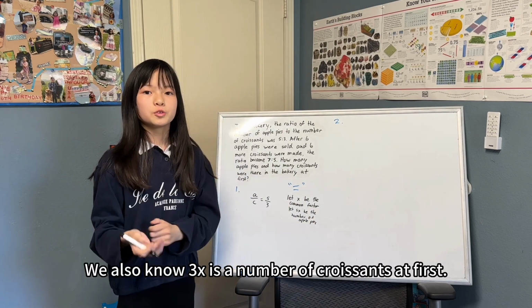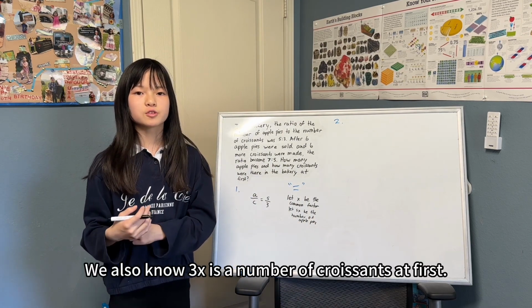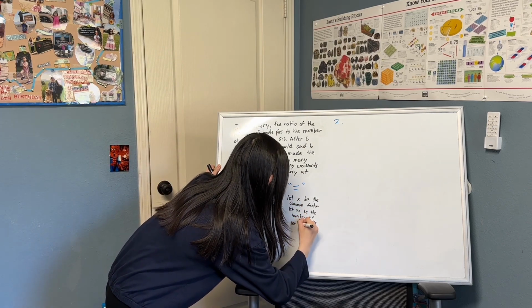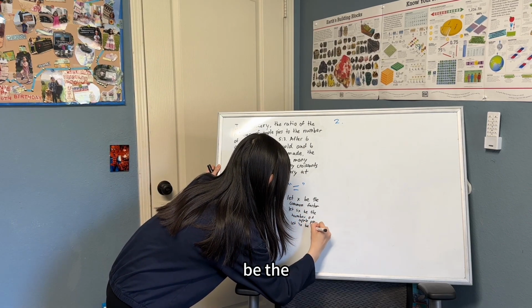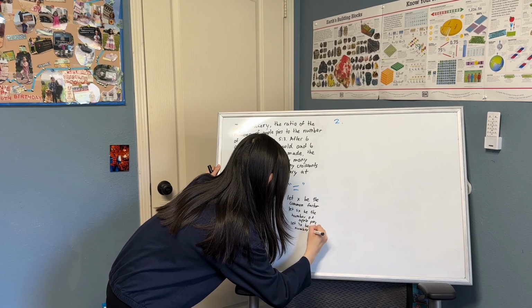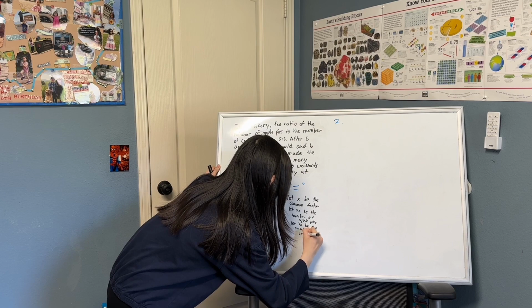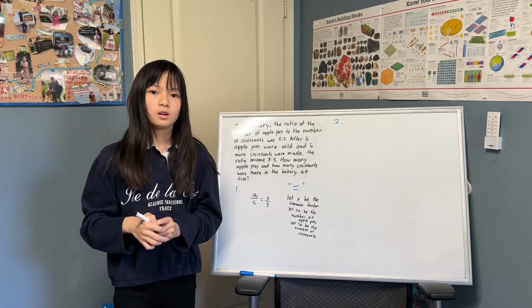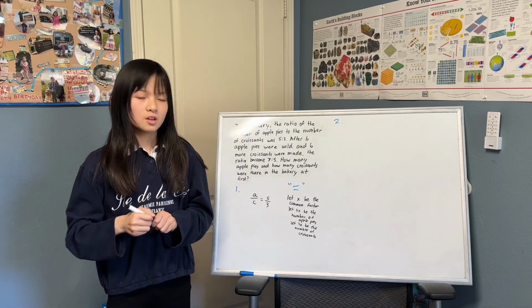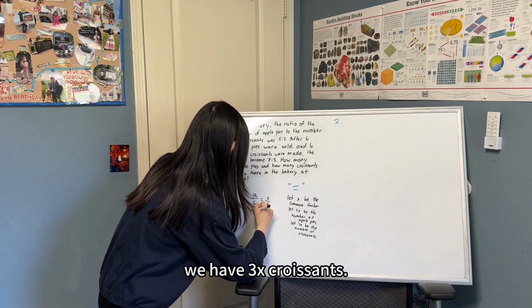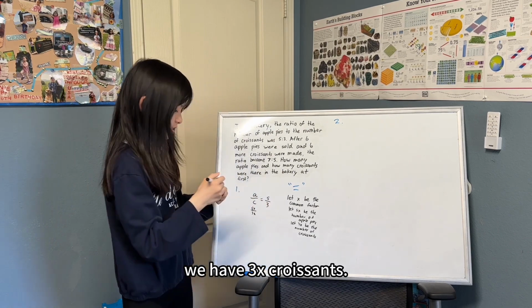We also know 3x is the number of croissants at first. We write, let 3x be the number of croissants. Okay, at first we know for every 5x apple pies, we have 3x croissants.